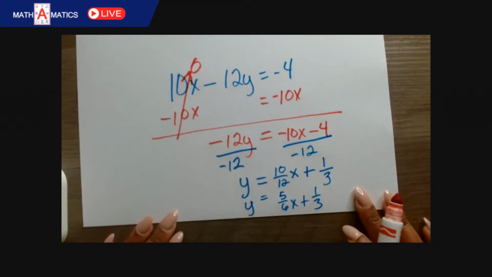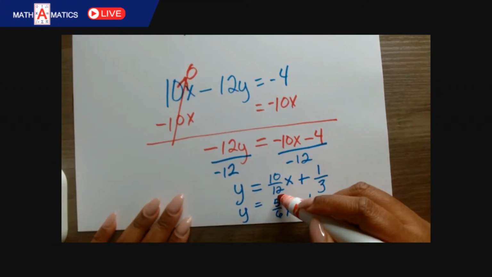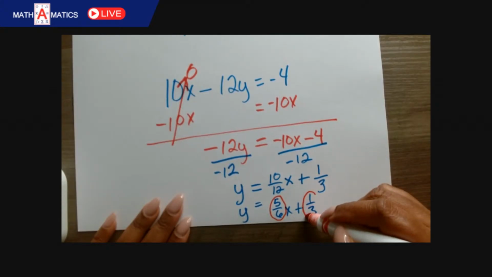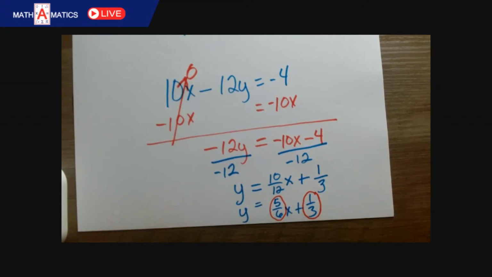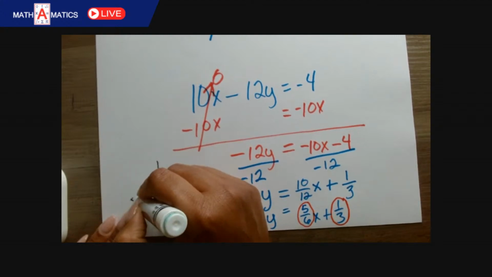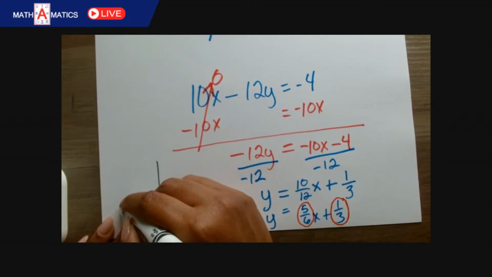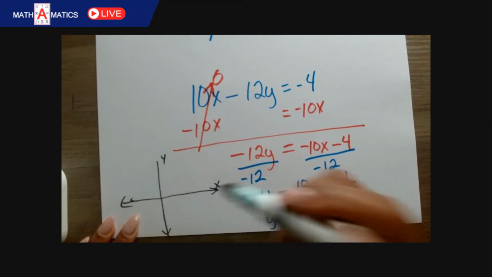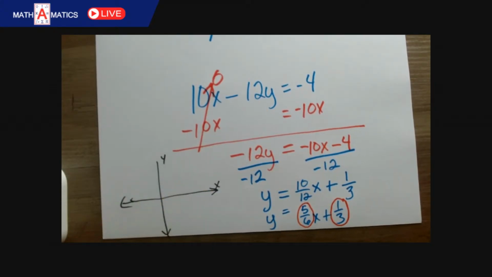So I'm sorry if you can't see it. Our slope will be the 5/6, and our y-intercept will be 1/3 for this problem. And so if I actually made a quick little graph over here, and this is our y-axis, our x-axis, and I'm just doing something real simple.